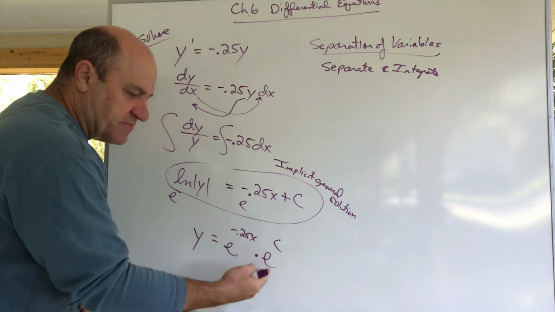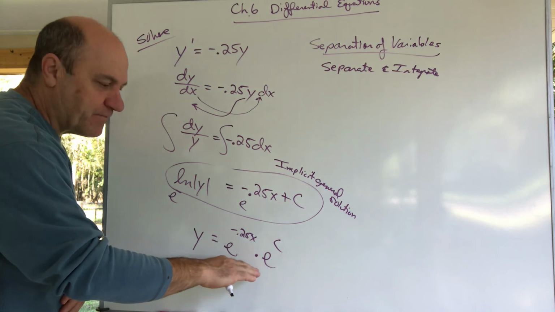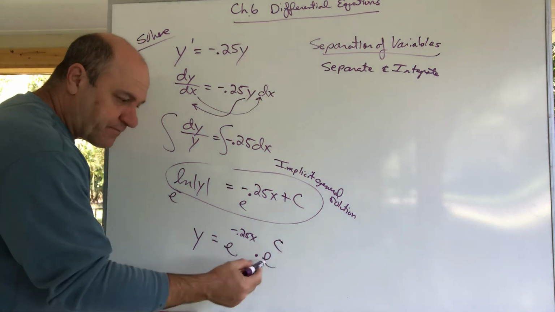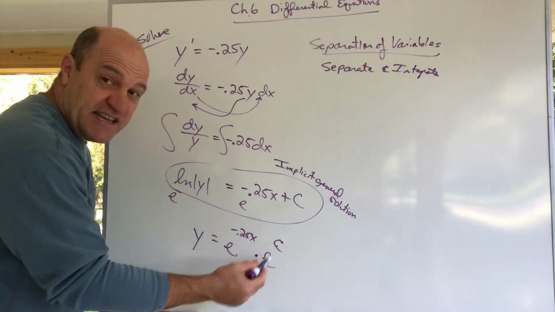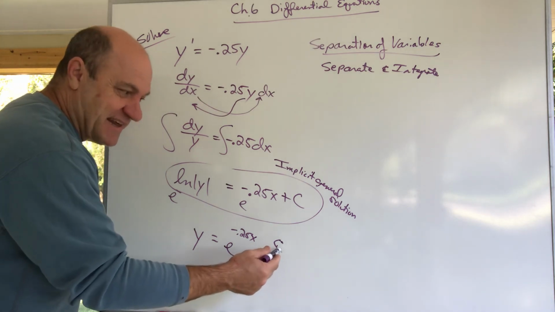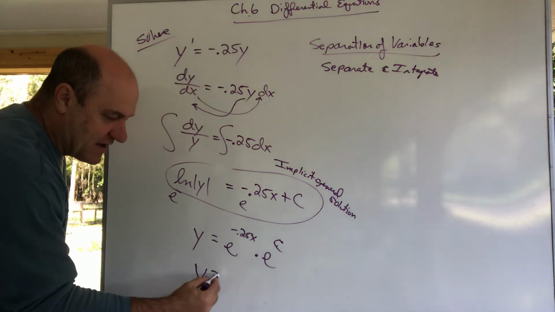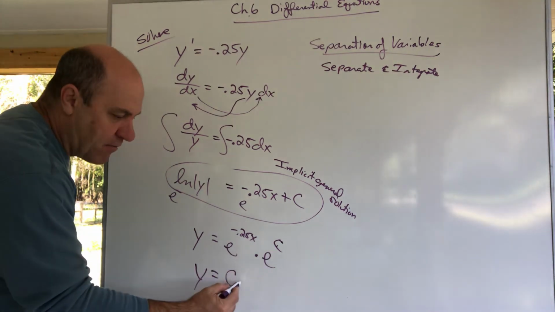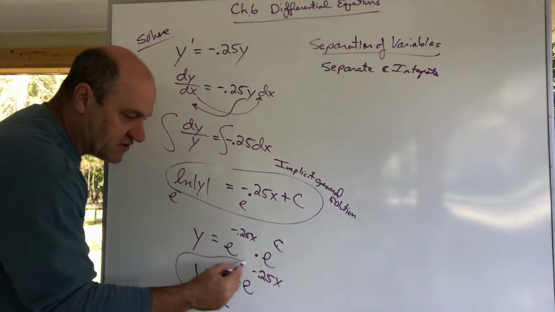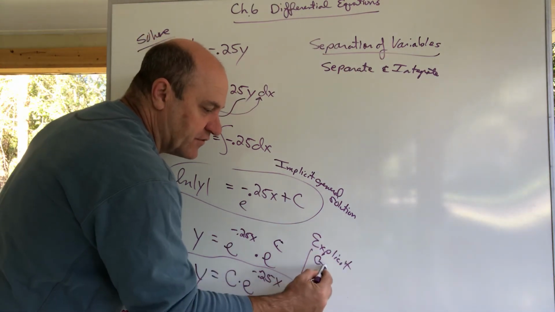What I'm doing is the opposite of that, doing it backwards. Then, because the c is arbitrary, I can call e to the c a c. It's a different c than it was, but that's okay. Here I am with the answer: y equals c, multiplied by e to the negative 0.25x. I'm going to circle that and call that an explicit general solution.